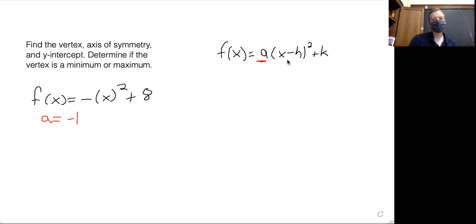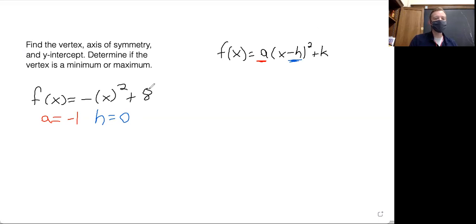Now H is subtracted inside. If there's no number subtracted inside, what number can we add or subtract that doesn't change anything? 0. So in this case, H is going to be equal to 0.